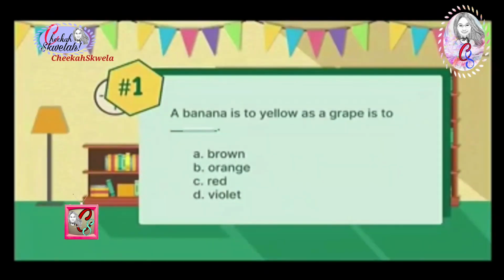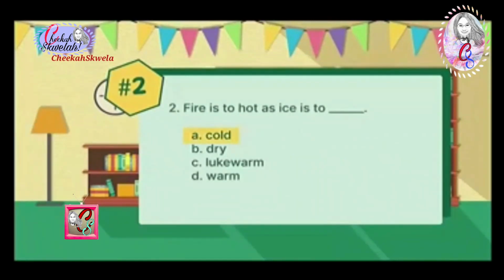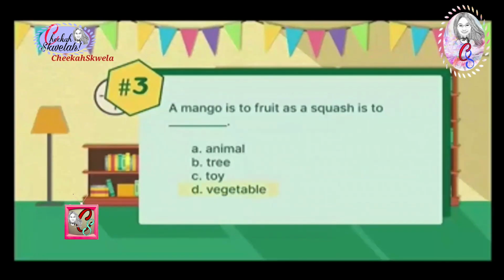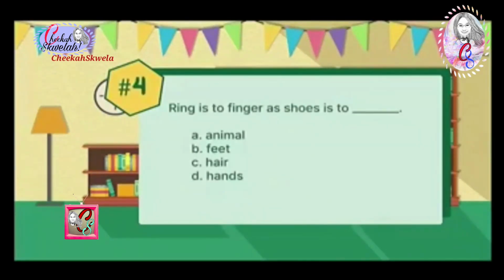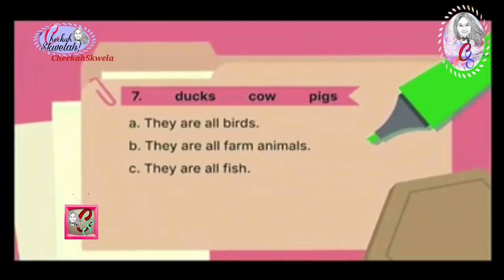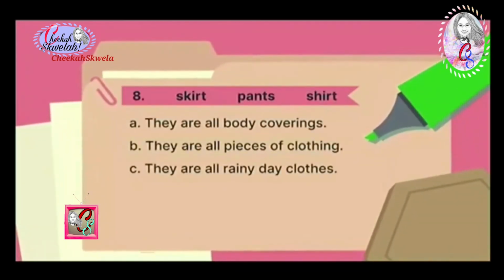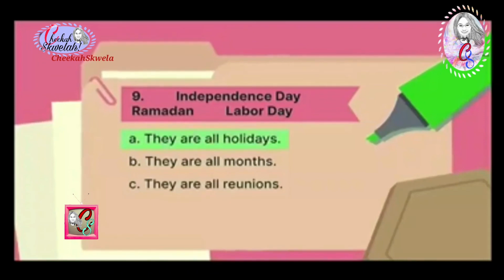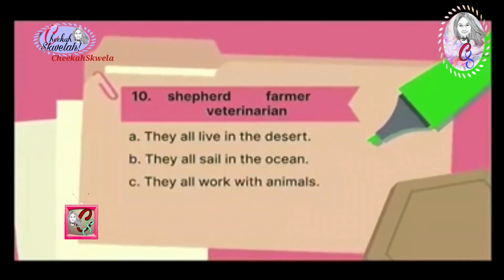The answer for number 1 is letter D. For number 2, it's letter A. The third answer is letter D. The answer for number 4 is letter B. For number 5 is letter C. And for number 6, the answer is letter B. For number 7, it's letter B. For number 8, it's letter B. The answer for number 9 is letter A. And for number 10, the correct answer is letter C.